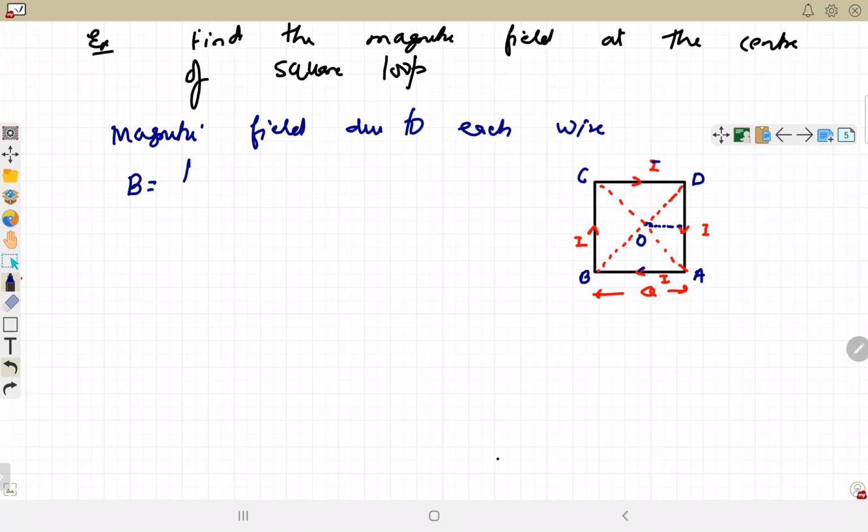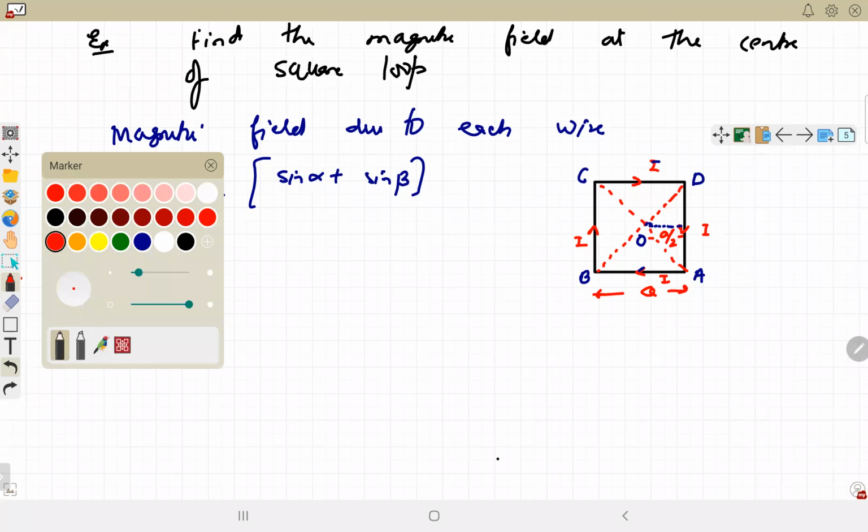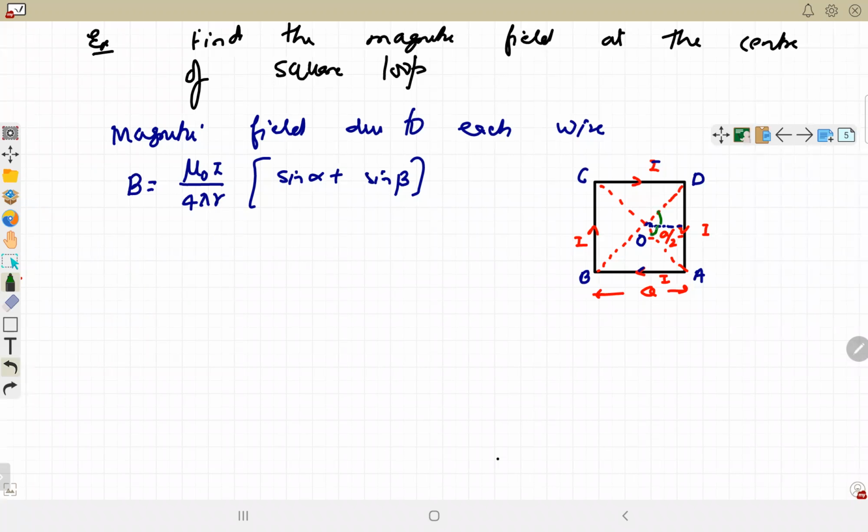Magnetic field due to each wire, the formula was mu naught I by 4 pi r times sin alpha plus sin beta. r is the perpendicular distance. Alpha and beta are the angles that the ends of the wire make at the center. So here r becomes a by 2, and these angles alpha and beta are 45 and 45. So alpha is equal to beta, that is 45.